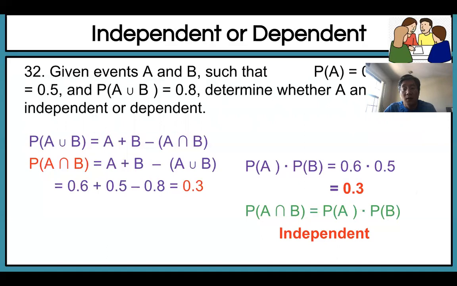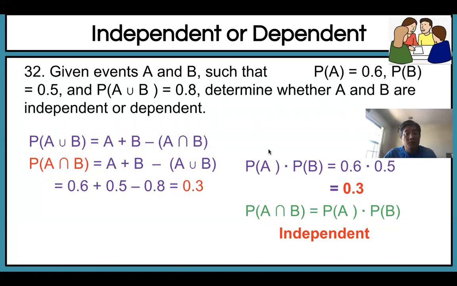That way, we decide if two events are dependent or independent. To determine if two events are independent, do you remember what we need? Yes, we need the probability of A, the probability of B, and the probability of A intersection B. When you don't have it, you need to calculate it from this formula too.